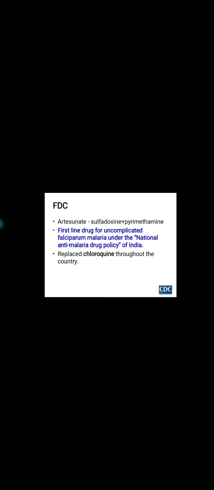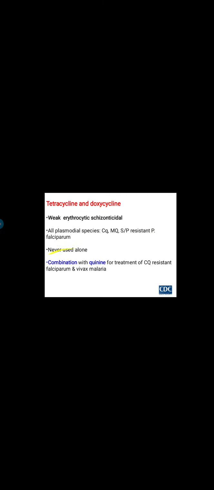What is the dose? Artesunate 100 mg twice daily for 3 days, and sulfadoxine 1500 mg plus pyrimethamine 75 mg as a single dose on the first day. But don't forget to give primaquine 45 mg single dose for its gametocytocidal action. So this is the kit. In a single kit, artesunate and sulfadoxine pyrimethamine are supplied.